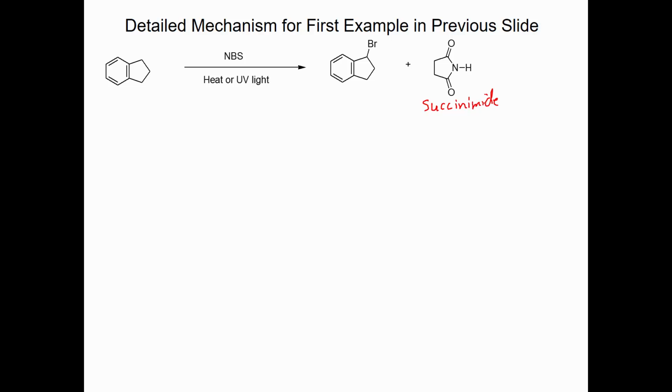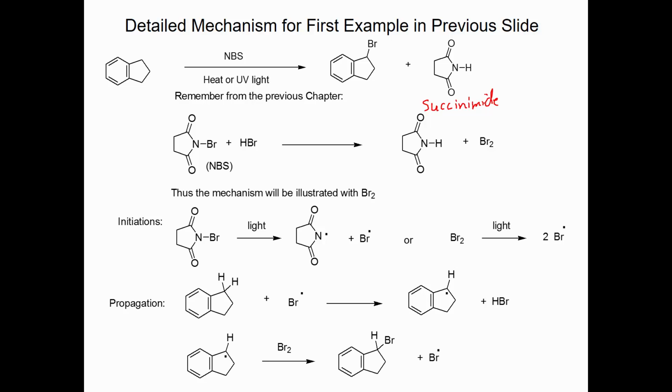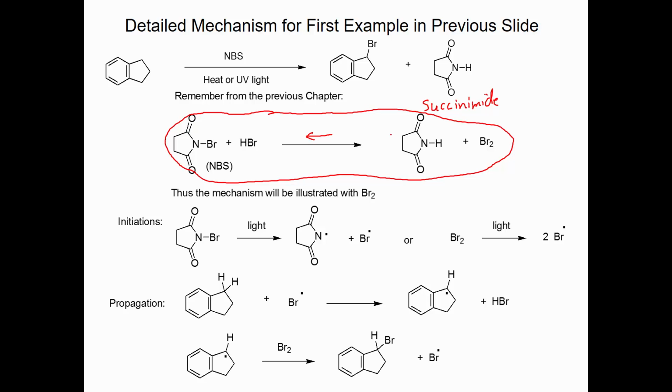All right, so let's recall from previous discussions that we have this equilibrium here, where NBS is reacting with our HBr byproduct to make the succinimide and generating bromine in a small, continual, low concentration situation.